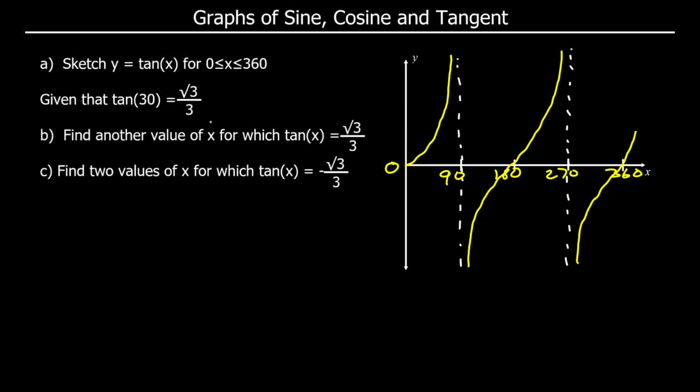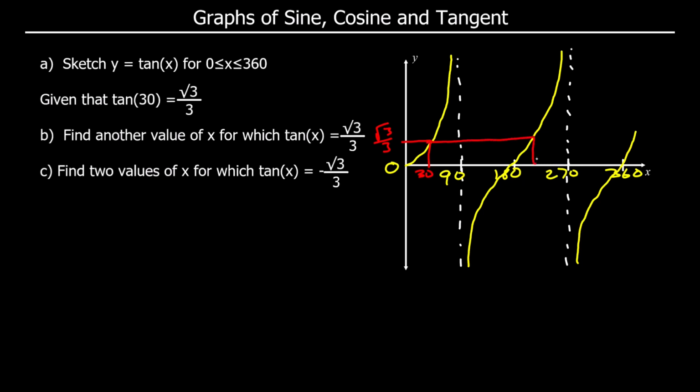Given that tan 30 equals root 3 over 3, so let's just say it's here, root 3 over 3, 30. Find another value of x for which tan x equals root 3 over 3.